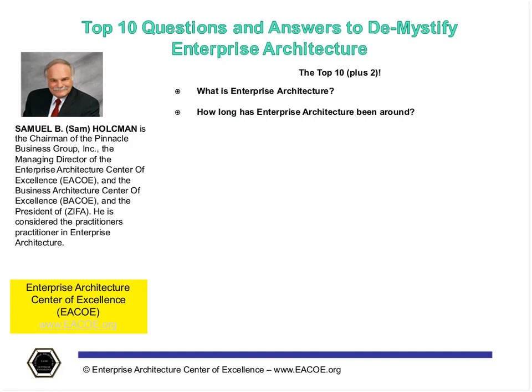Second thing is, how long has enterprise architecture been around? The reason this is important is that we believe that we're in what we refer to as enterprise architecture 3.0, and we're coming back around to the original intent of enterprise architecture. And when we get into this section, you'll see that architecture actually began in 1966.